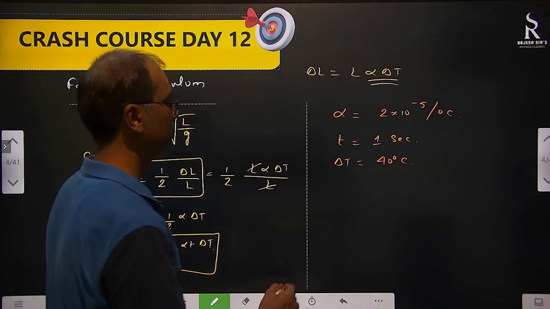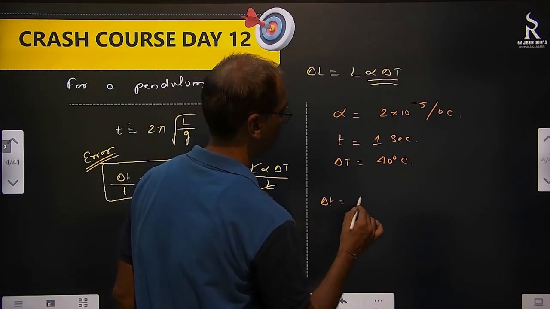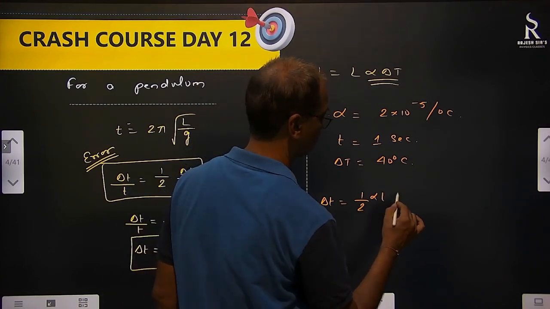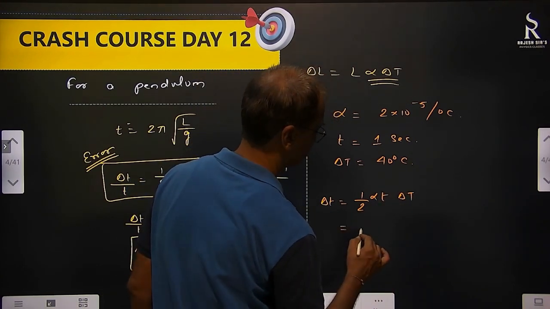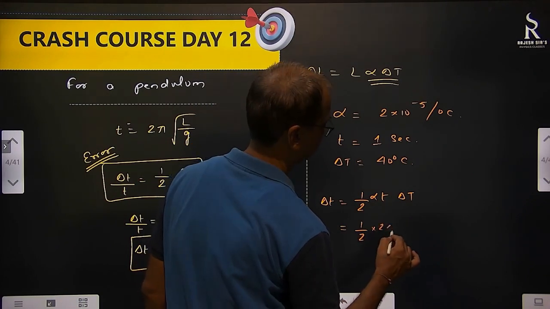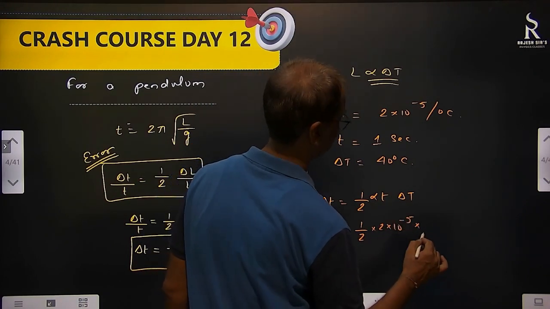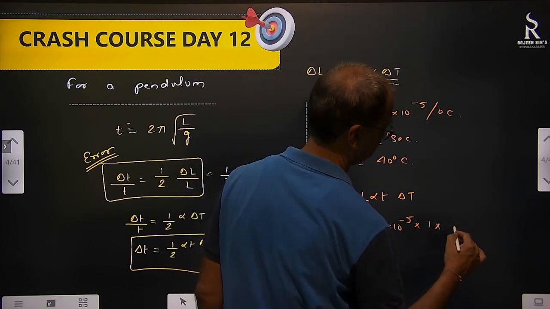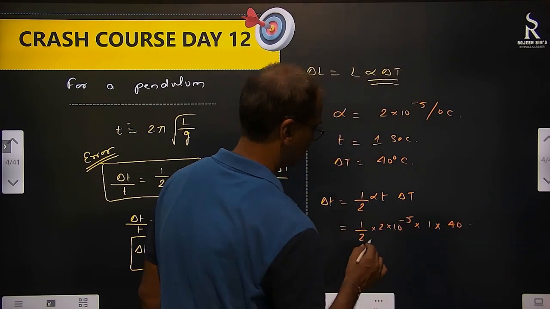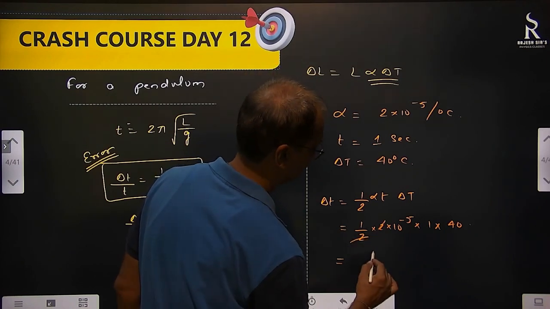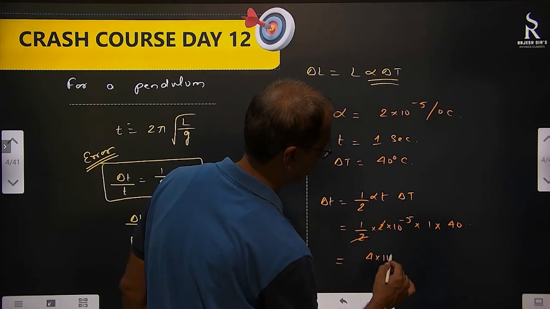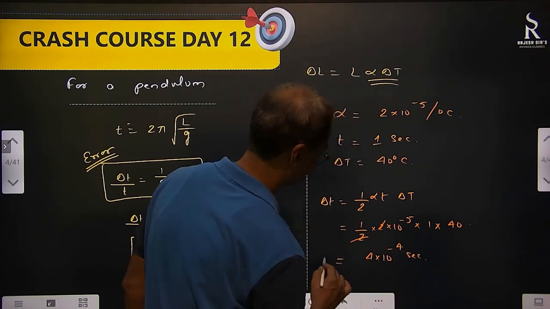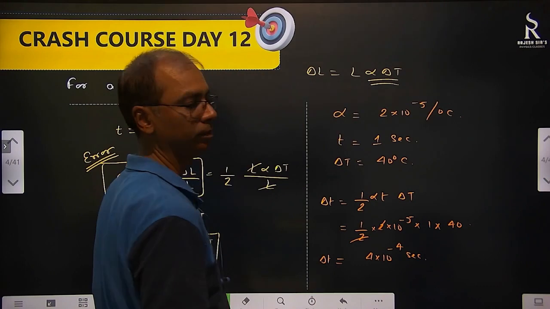Delta t is 1 by 2 alpha into t into delta T. So 1 by 2 into 2 into 10 to the power minus 5 into t value, which is 1 second, and delta T is 40 degrees centigrade, that is 40. This is cancelled. So we have 4 into 10 to the power minus 4 seconds. This will be the change in time.